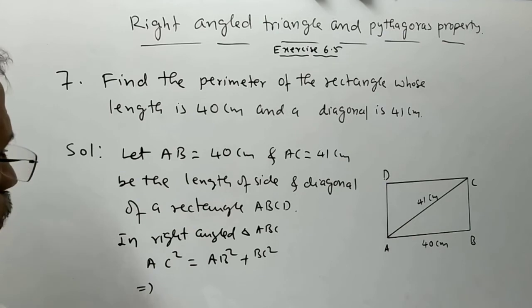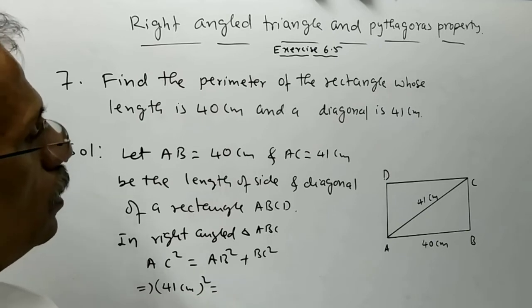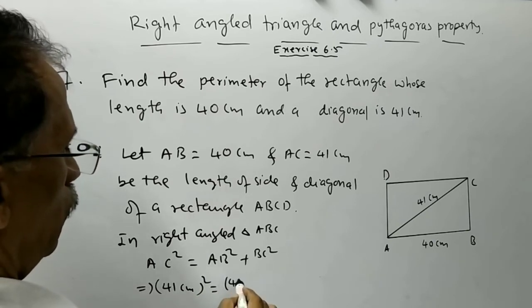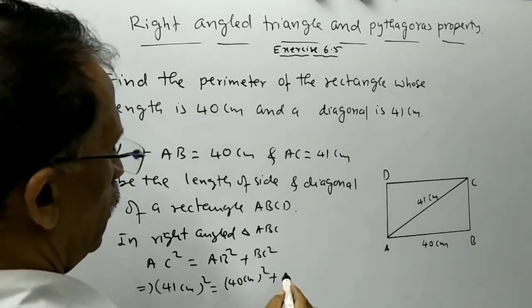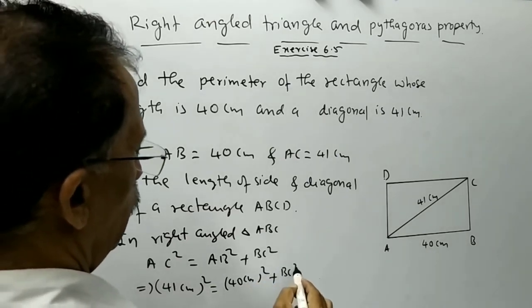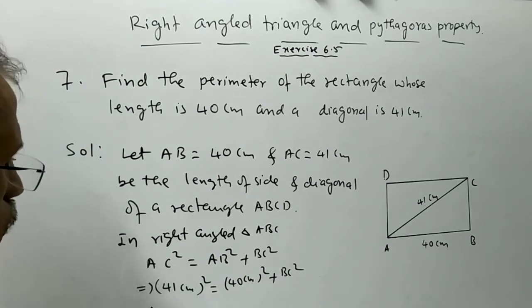This implies 41 centimeter whole square is equal to 40 centimeter whole square plus BC square.